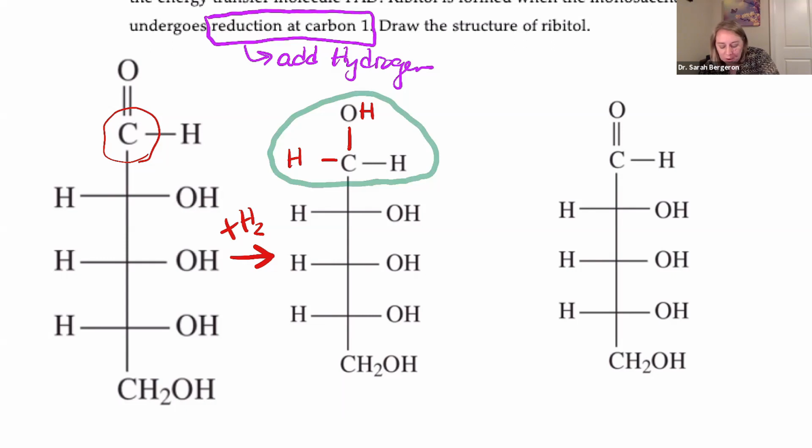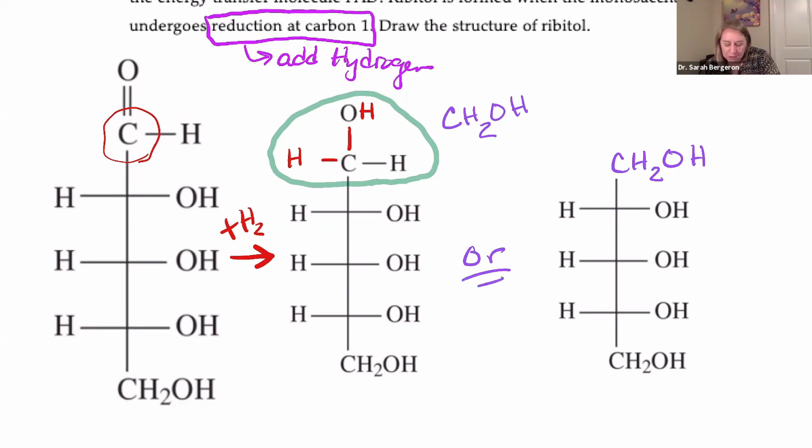You have a carbon that has 2 hydrogens attached, and it also has an alcohol attached. Instead of having this stuff at the top, they will just write CH2OH. You could see it either way, either one's acceptable. All right.